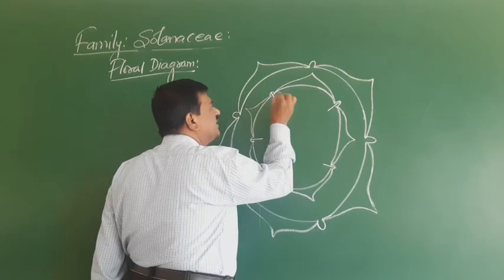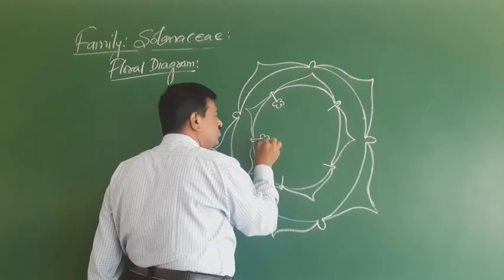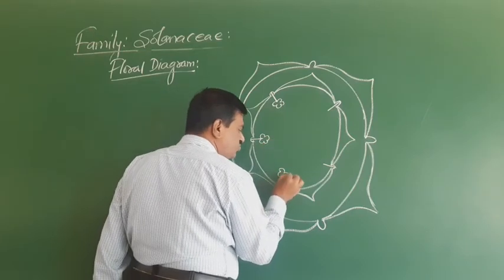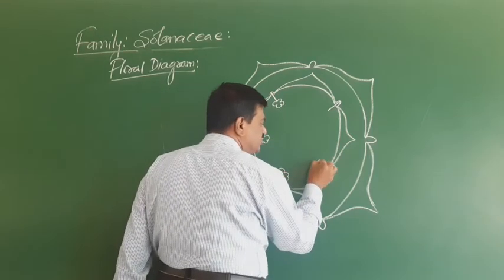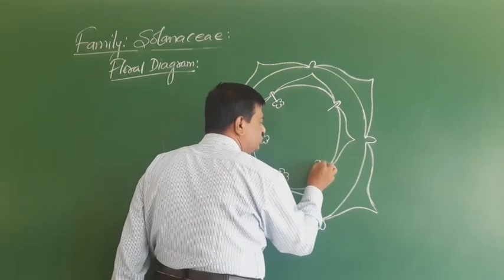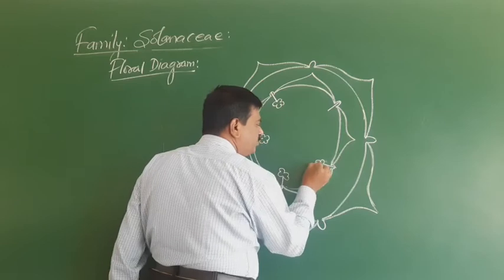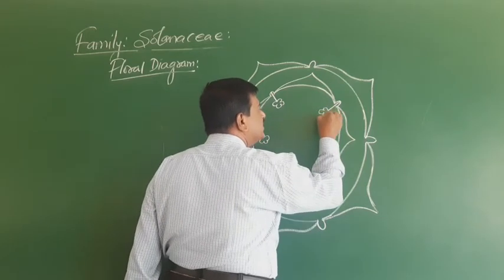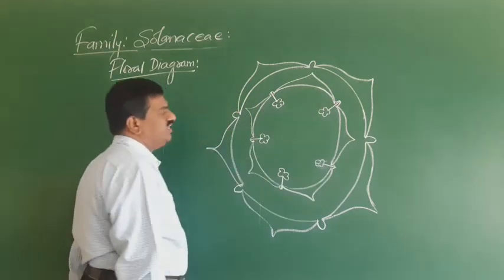So you should write the diagram like this. So these are 5 stamens attached to the petals, hence it is called Epipetalous.